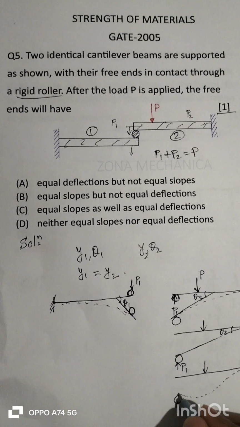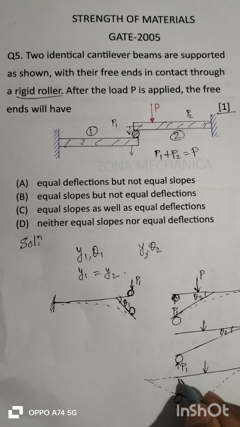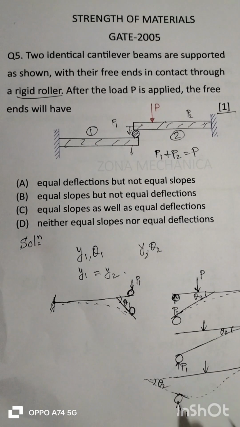In that case, if we draw a tangent, it will cut the initial position at this extended line, and this will be theta 2.